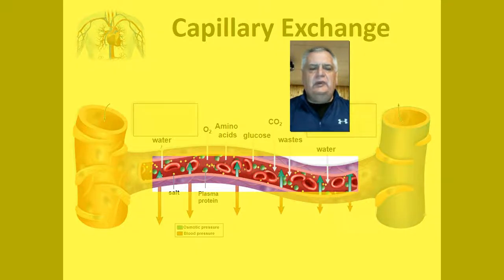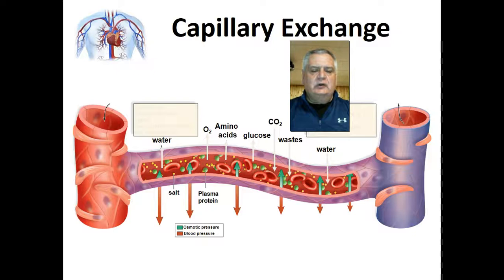The green arrows inside the capillary wall, notice on the arterial side they're short, meaning the osmotic pressure is lower, and on the venous side, they're longer, meaning that the osmotic pressure is higher. And so these changes in osmotic and blood pressure are what account for the water being released from the capillary bed on the arterial side and recovered into the capillary bed on the venous side.